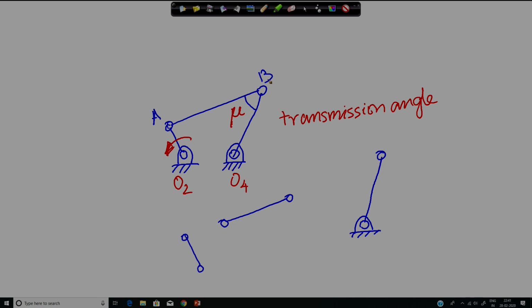I have made the simplifying assumption that masses are negligible.